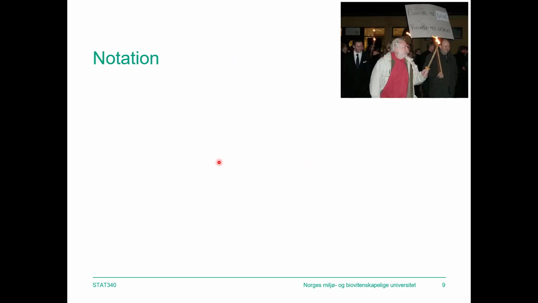Just a few words about notation here. And I included this picture because it's sort of funny. This was from a Christmas party many years ago where we actually had this. It says here in Norwegian that parameters should be written with Greek letters and variables with Latin letters. And that's exactly what I want to tell you now.